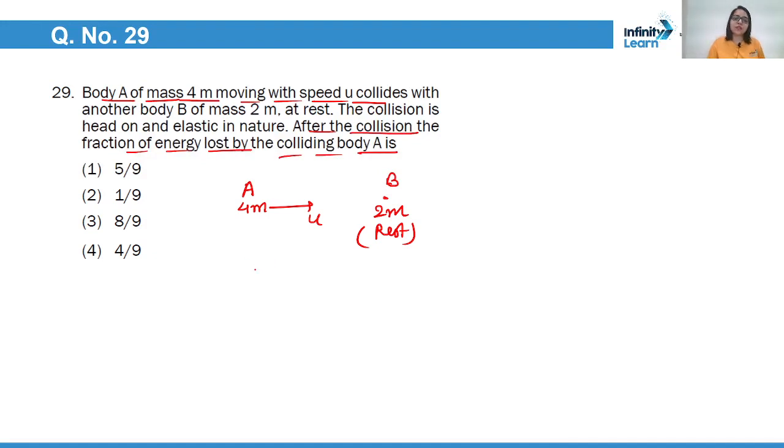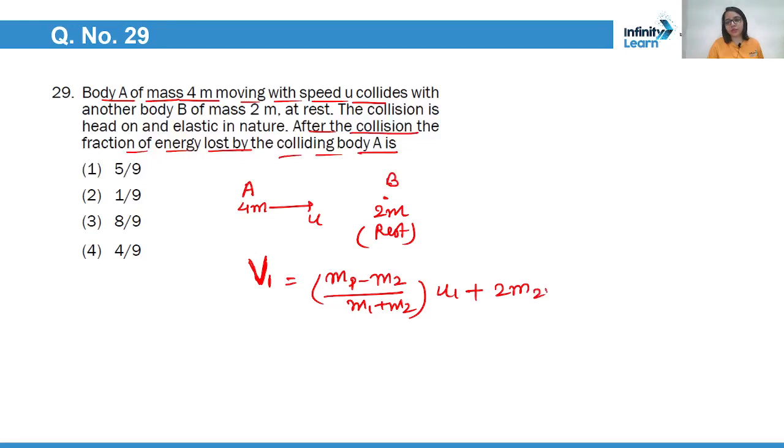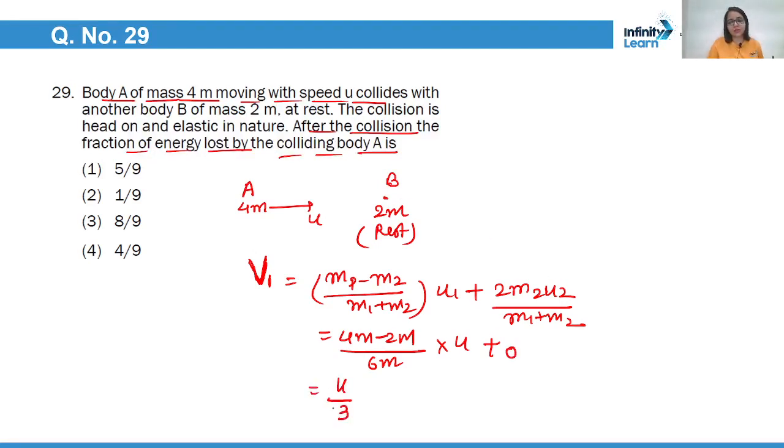Let's say after the collision, the velocity of the colliding body is v1, which is (m1 minus m2) divided by (m1 plus m2) into u1 plus 2 m2 u2 divided by (m1 plus m2). So m1 is 4m, m2 is 2m, divided by m1 plus m2, 6m, into u1, which is u, and this term will be 0 because the initial velocity of body 2 is 0. So this will be u by 3.